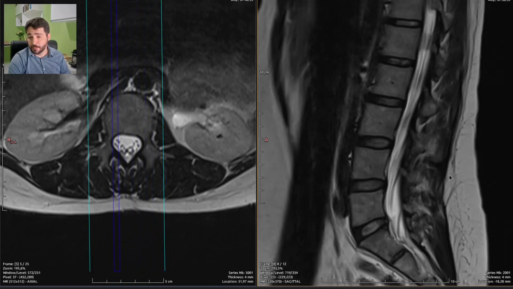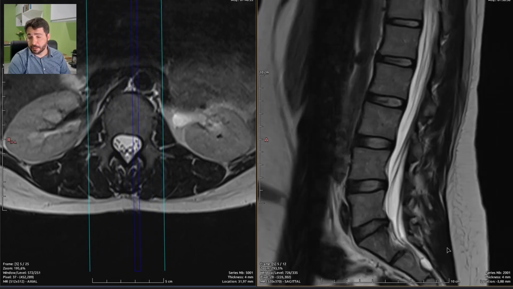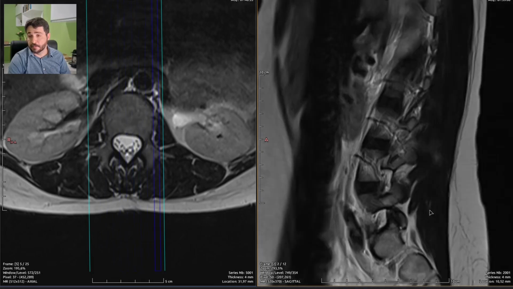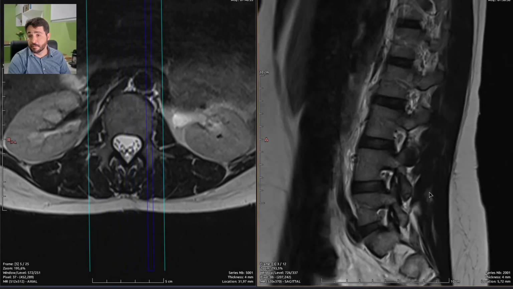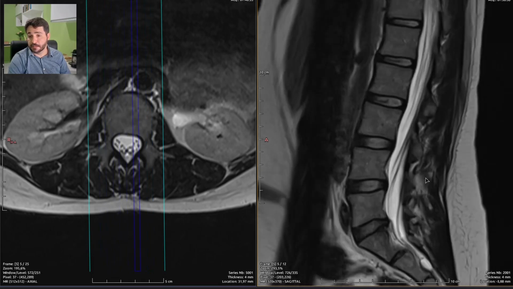vertebral bodies. I can see a small meningeal cyst right in the sacral canal. The nerve roots are okie dokie on both sides.